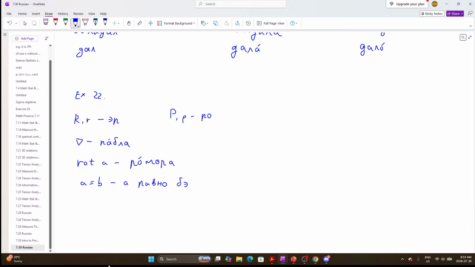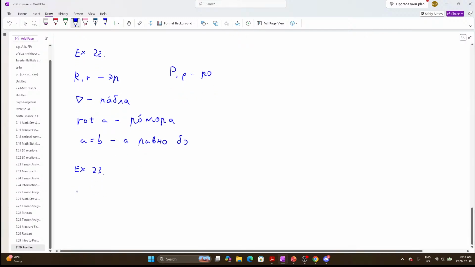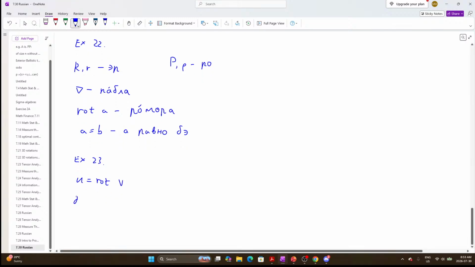Next, exercise 23. Read the mathematical expressions. Actually, I don't think I've seen those earlier in the text. First you have the expression u equals rot v. The next one is the partial derivative df over dv equals u of ab. Yeah, it doesn't matter to me.